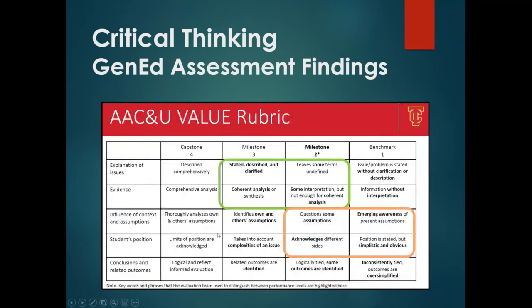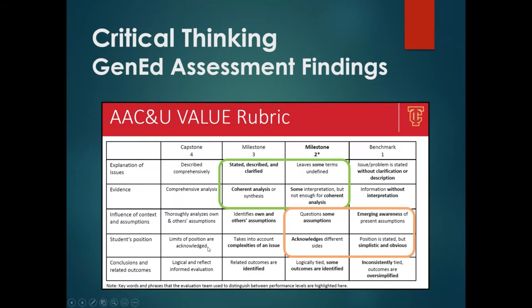And if we go back one, or let me go here, explanation of student's position: acknowledges different sides is a two. Position is stated, is it simplistic or obvious? Does it acknowledge different sides? Does it take into account the complexities of the issue?